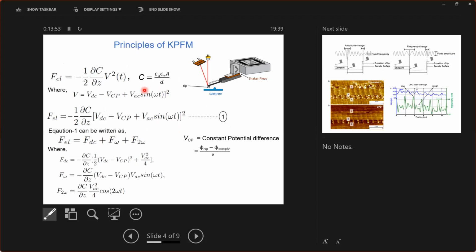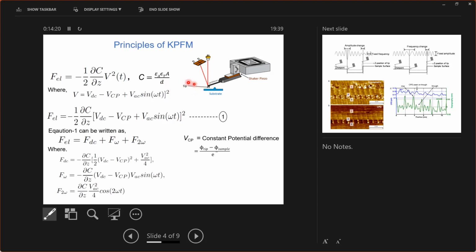And these are the related equations with the KPFM, where there are two types of bias. One is DC bias, another is AC bias. As the AC bias is there, it will oscillate continuously, and this is the laser through which it measures the topography, that means how it's moving.